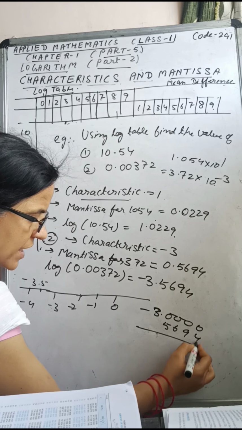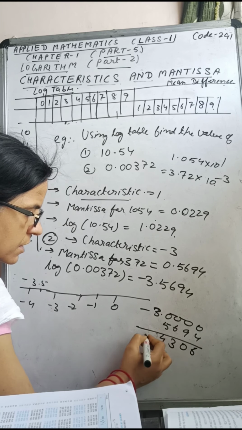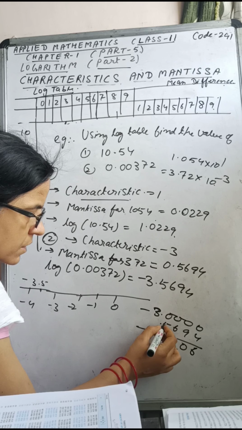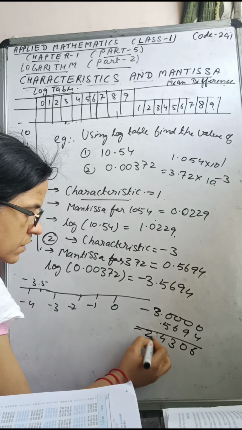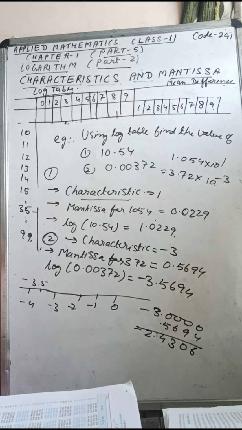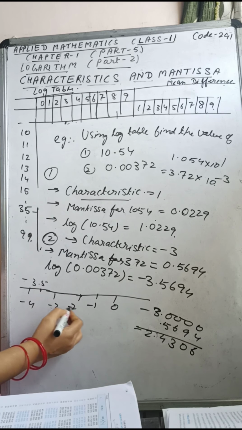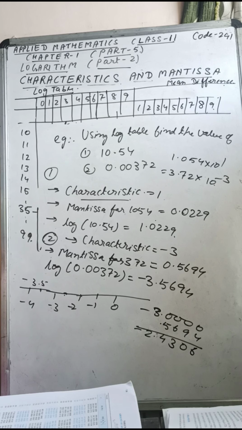So let us subtract it. Actually its value is minus 2.4306. It is not minus 3.5694.